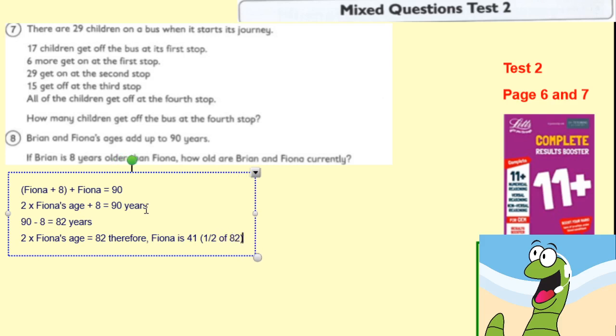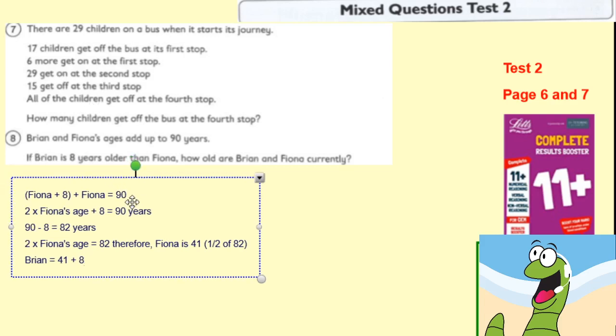Okay, so that means Brian equals, what was that on? 41 plus 8, because he is, as it says, Brian is 8 years older. Let's move this out of the way a bit.